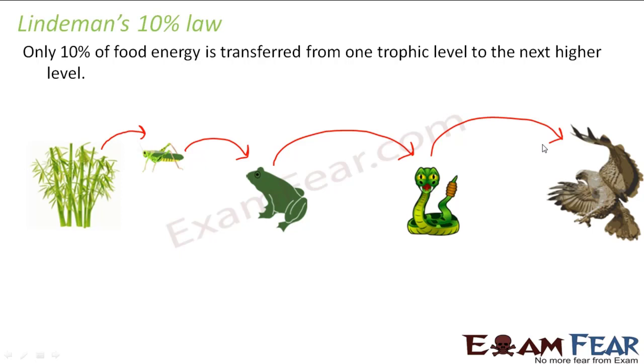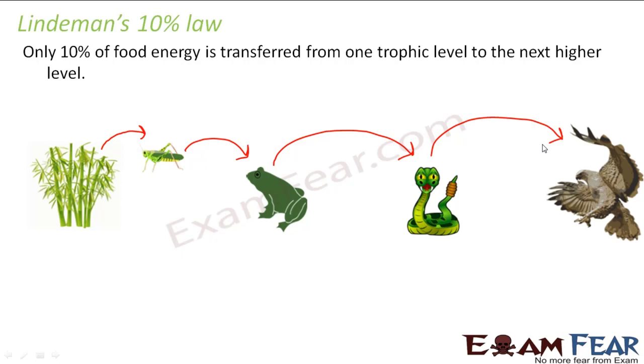Also, it is seen that the number of organisms at lower levels is more. So when you talk about the plants, that is the producers, there will be too many plants, because the dependency on plants is too much. Right? Because there are so many other organisms which are dependent on plants. So the number of producers would be the highest. Then comes the primary consumer, that is the grasshoppers.